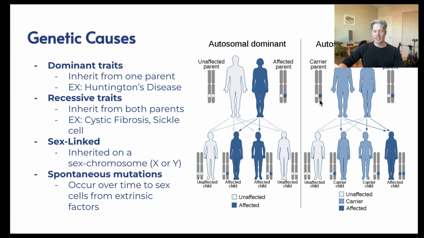A little bit different with a recessive gene. So let's say in this instance, both parents have an affected gene and a non-affected gene. Because it's recessive, it would not be expressed. And again, let's say this is a condition like cystic fibrosis.